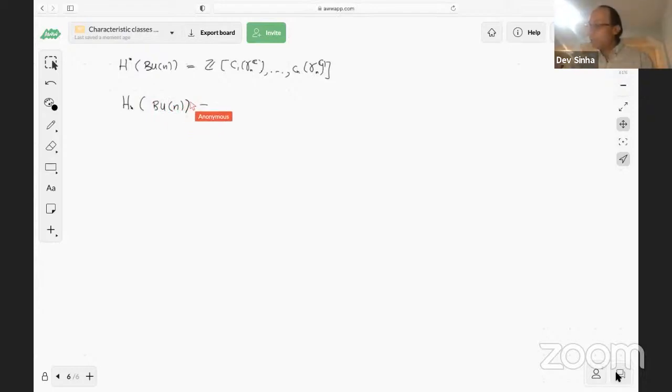homology. One thing you can do is take what we did above, and because these are free Z-modules finitely generated in each rank, you can take the Hom dual, the homomorphisms from the cohomology, and that would work.